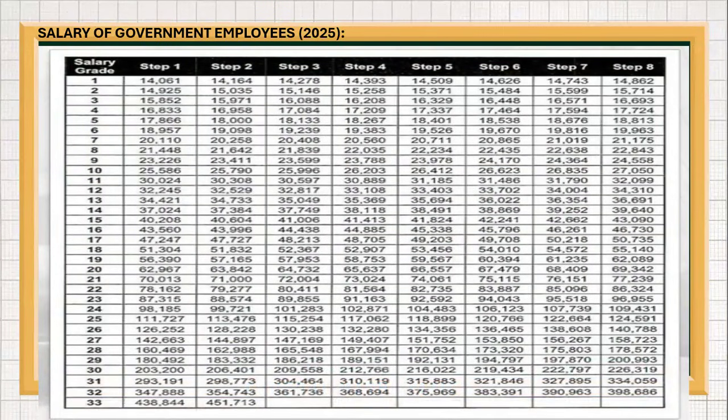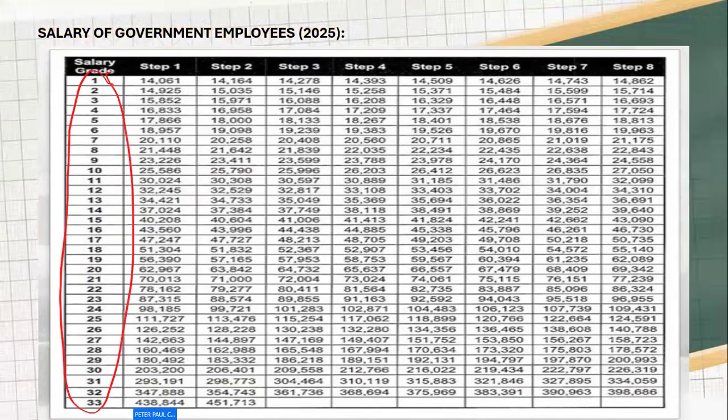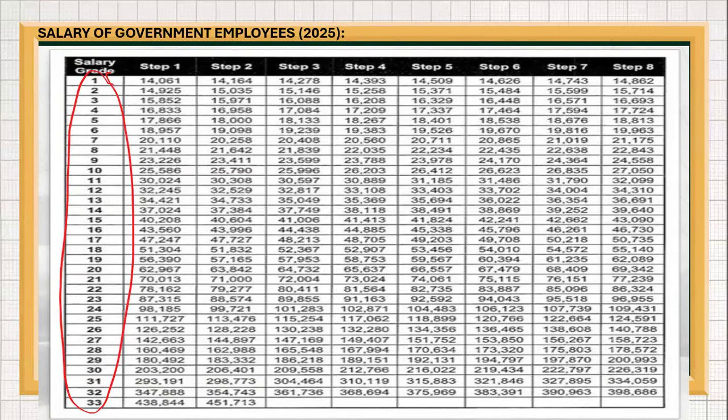So reflected here is the salaries of government employees under the Salary Standardization Law 6. So this is how government employees receive their pay. Every plantilla position in government has a salary grade.